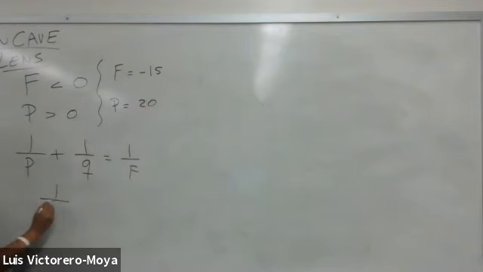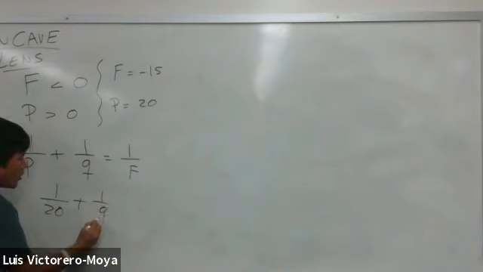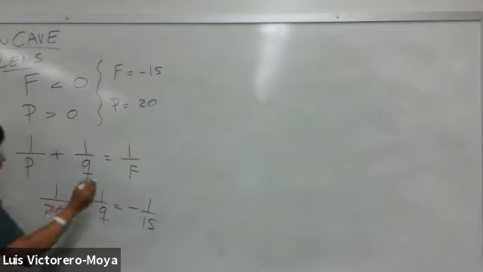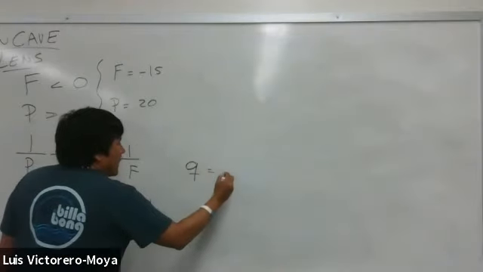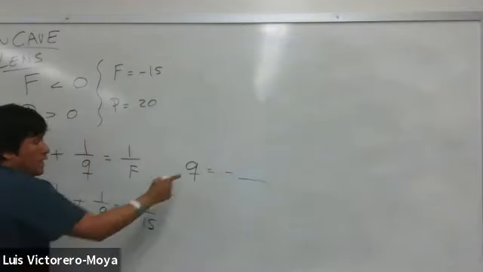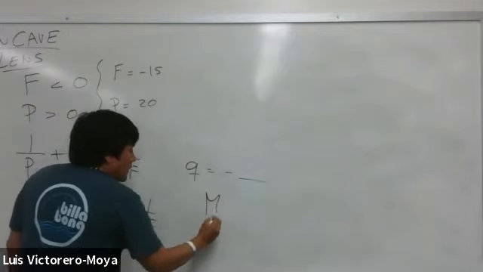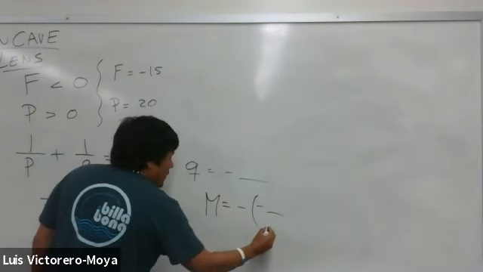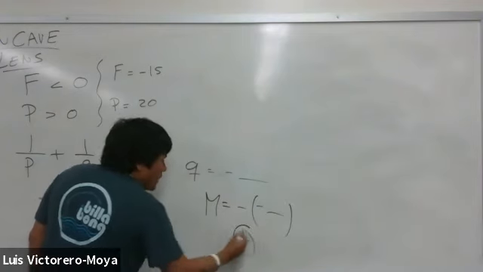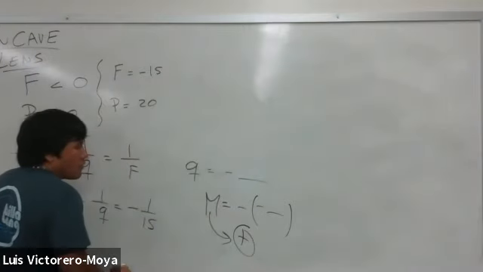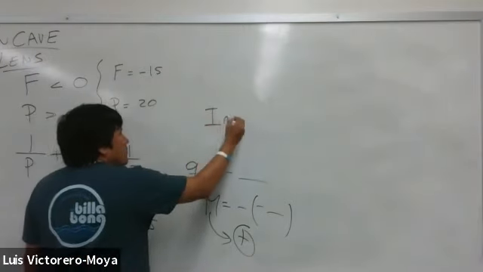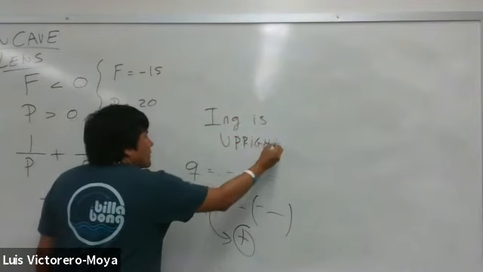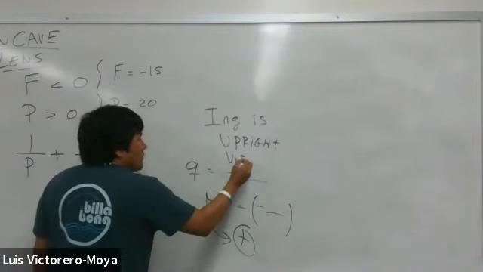So 1 over 20 plus 1 over Q equals minus 1 over 15. If you solve this, Q will be negative something. If Q is negative, the magnification will be minus something over something, negative, so it will be positive. If the magnification is positive, then the image is upright. And because Q is negative, it's virtual.